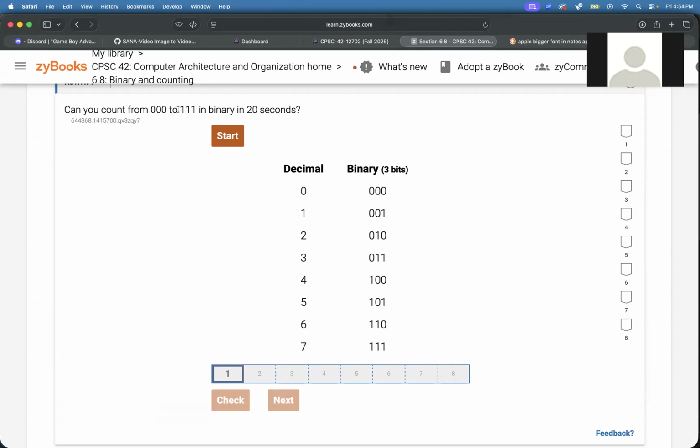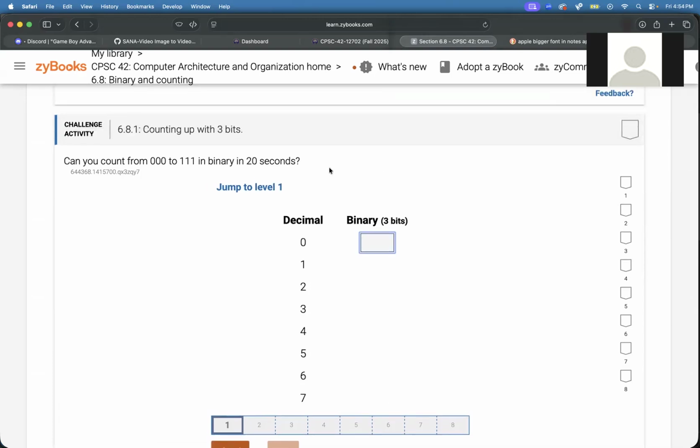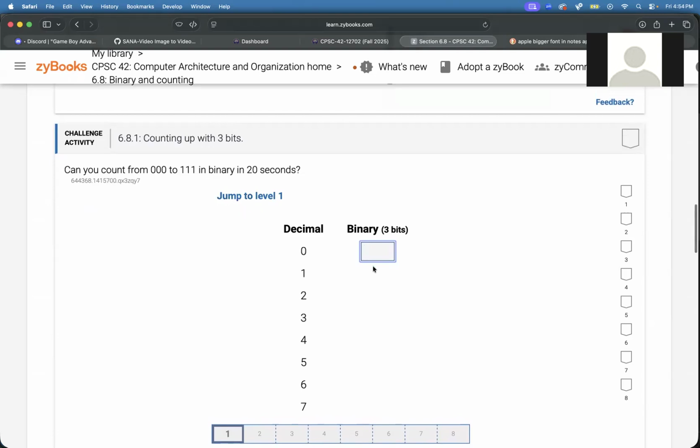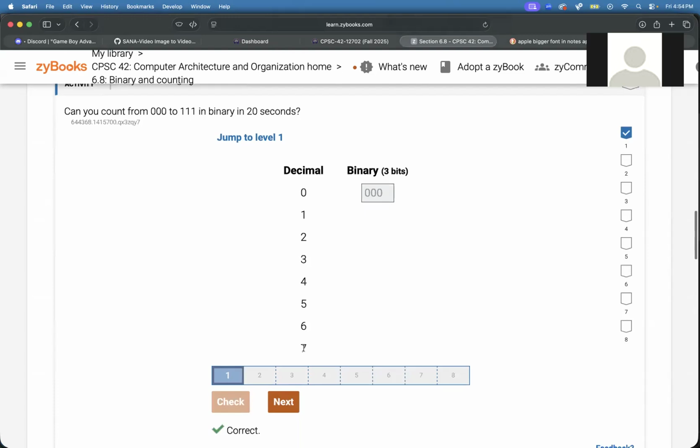Can you count from 0 to 7 in 20 seconds? Yes, I can count to 7 in 20 seconds. Can you? Are we timed? I think this is timing us and I'm talking. 0. Next. 1. Next. 2.